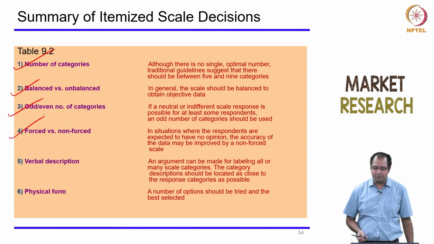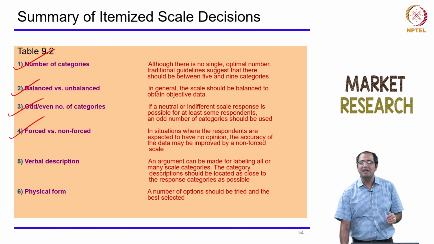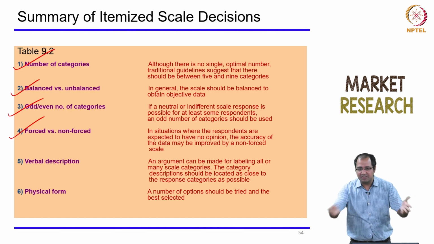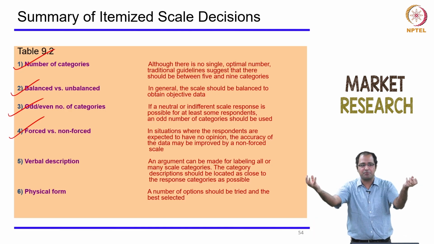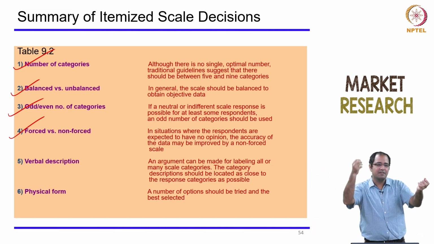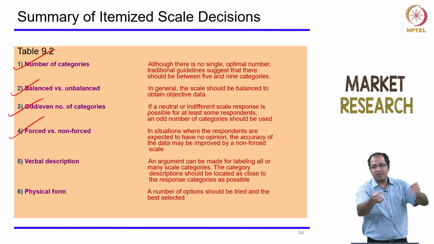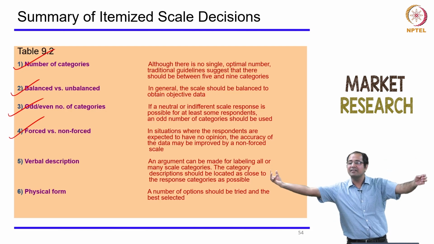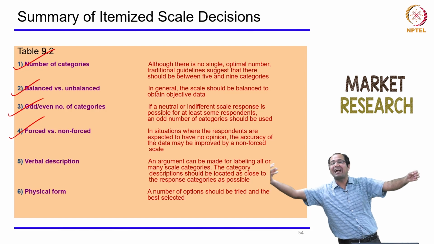Forced versus non-forced. Forced is when you want the response. Let's say when you are giving 5 options: strongly disagree, disagree, neither agree nor disagree, agree, strongly agree. You are not giving I do not want to answer or I do not know.